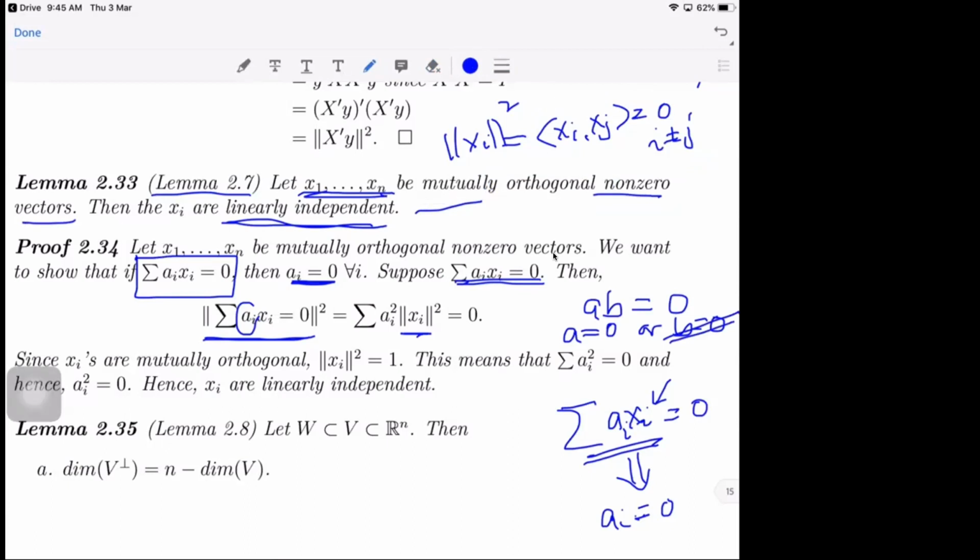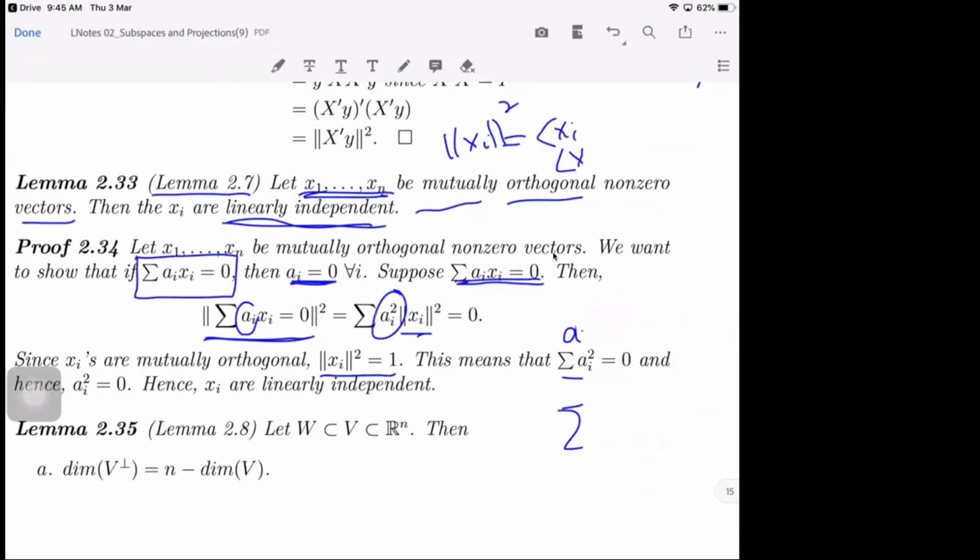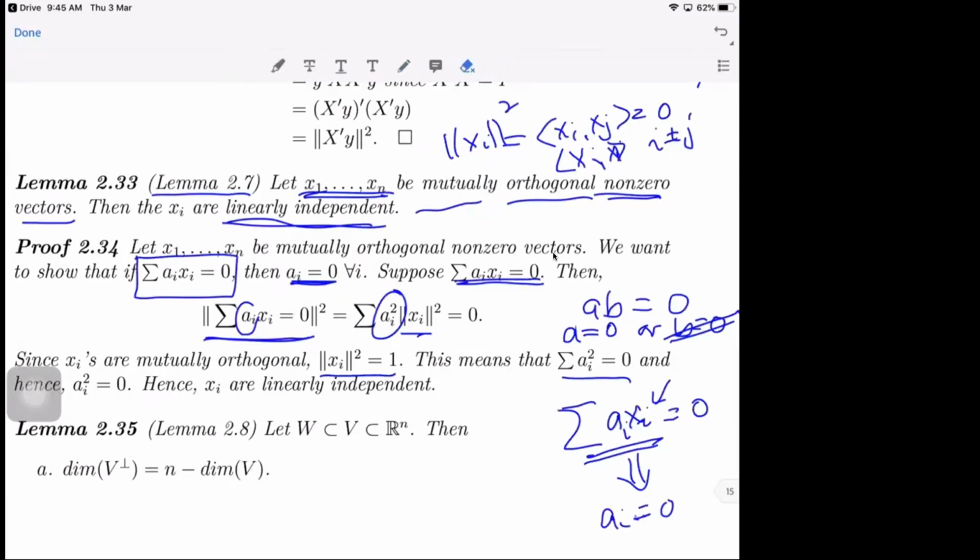And this will force us, since they are non-zero and mutually orthogonal, so the inner product of xi with xi will just be equal to 1. So this will force the ai's here to be equal to 0. Which means that the xi are linearly independent.